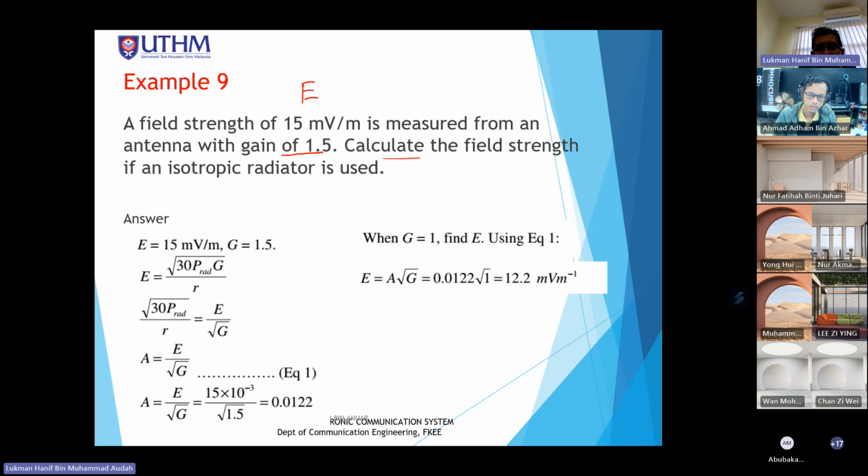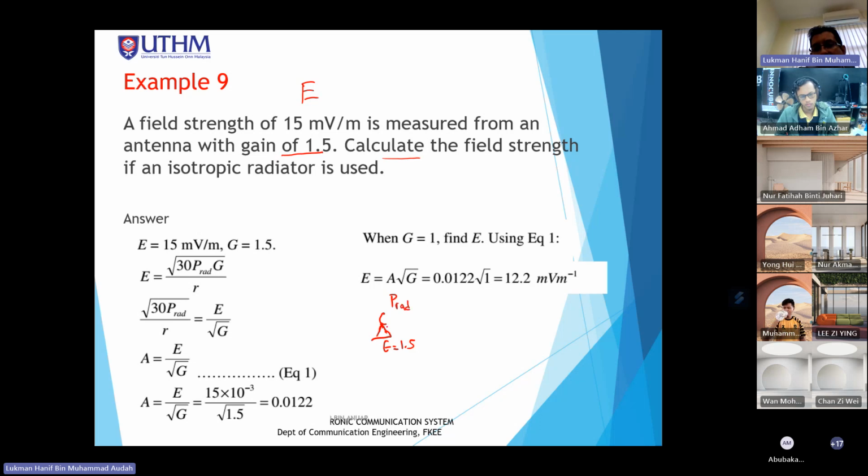So now the issue is like this. If I draw the picture, let's say this is my antenna, and my antenna has a gain equal to 1.5, and it has a specific P radiation.